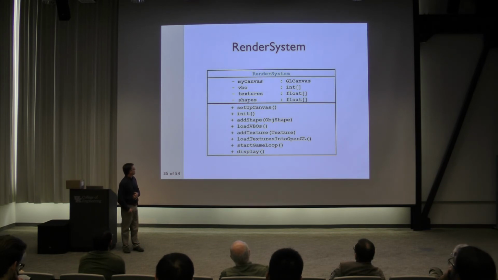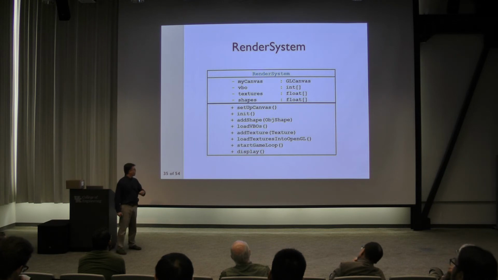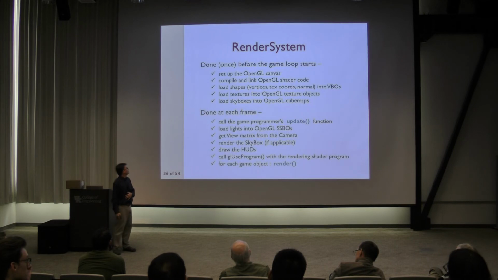The render system has anything related to rendering shapes in OpenGL. So it's going to be the vertices, textures. It's going to be an OpenGL canvas, and some of these are functions that the end programmer would actually call directly, and some of them would be things called within the engine.